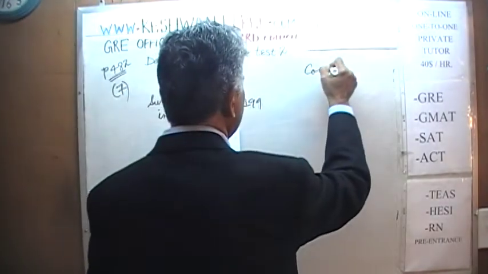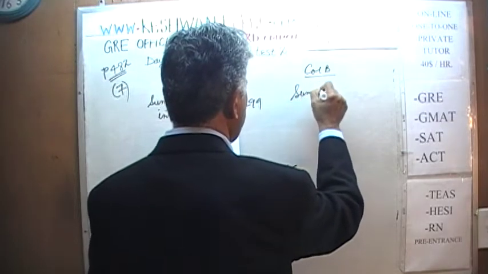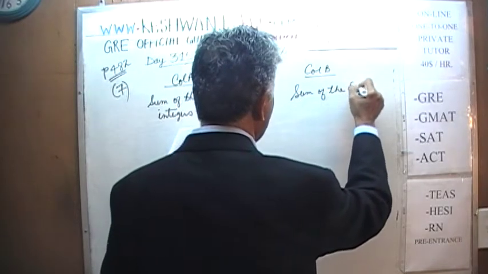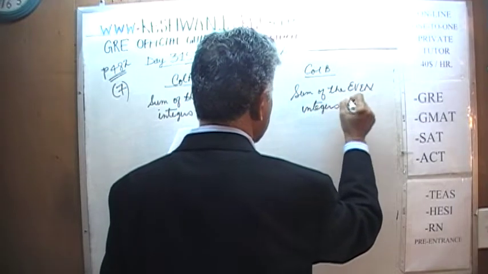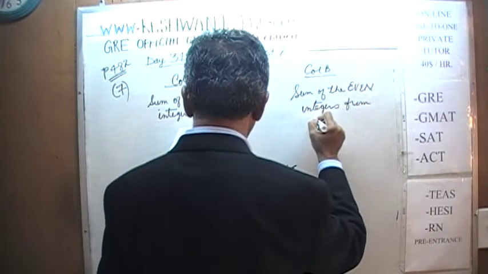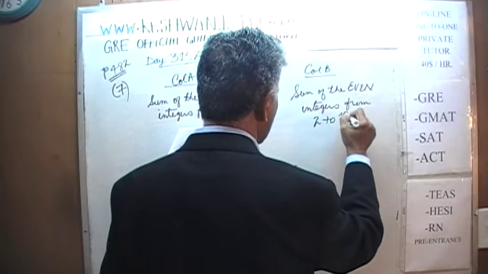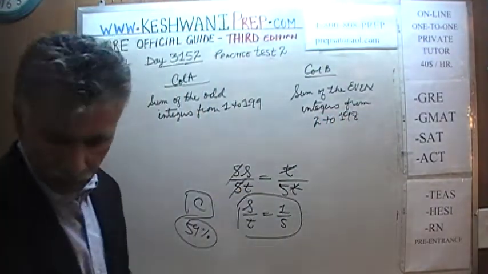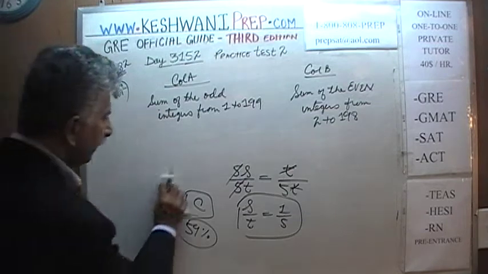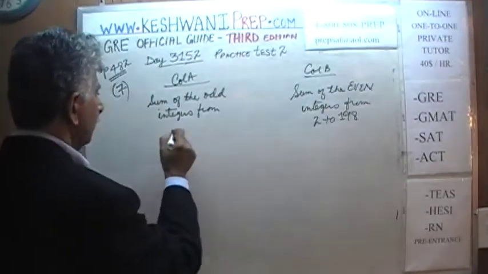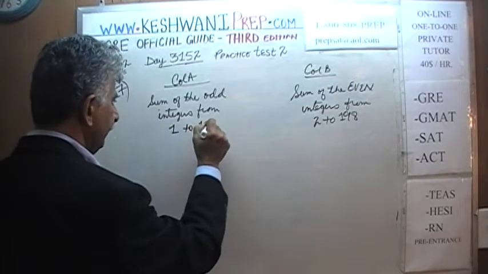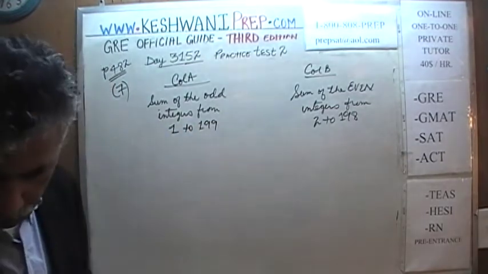And in column B, we have the sum of the even integers from 2 to 198. I'm going to write both of them in the same way so that it looks better. From 1 to 199 and 2 to 198.